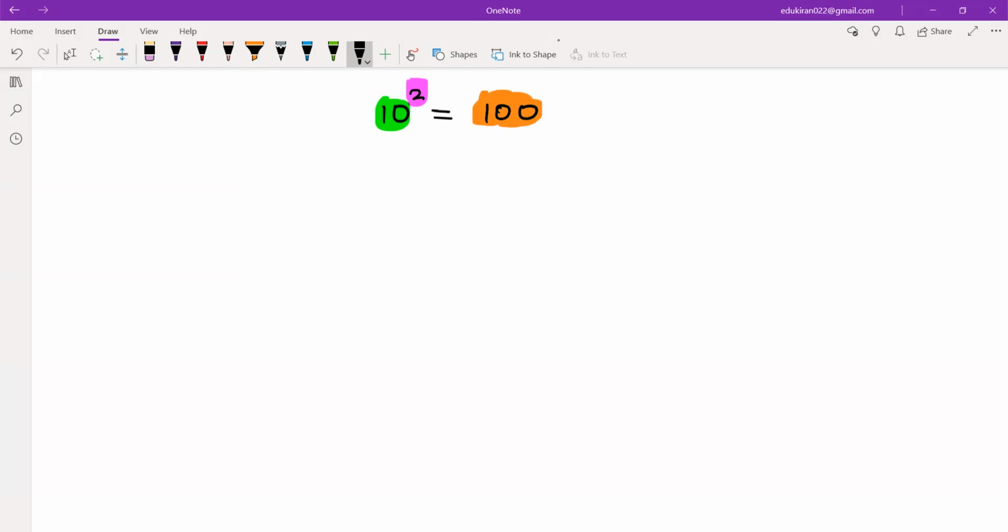Okay. If I ask about 10, what is 10? Then you can express this in terms of 100 and 2. You will say that it is the root of 100. Yes or no? Yes, sir. So I can say 100 is 10 raised to 2.